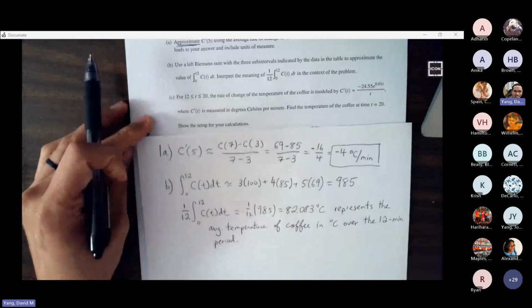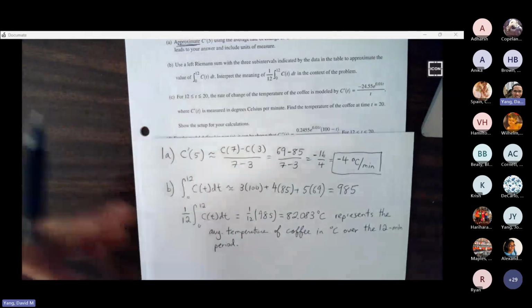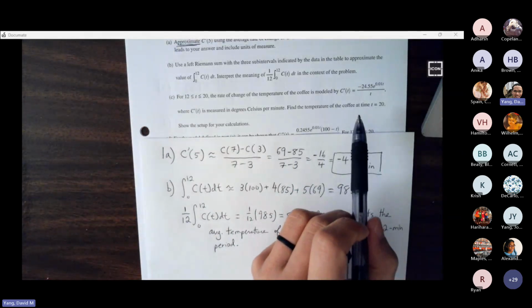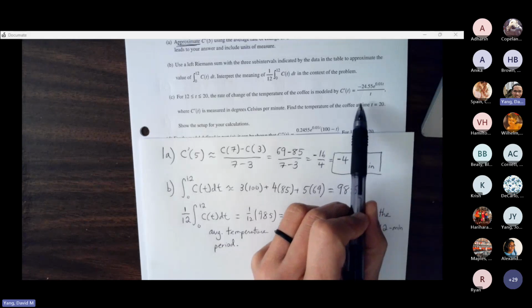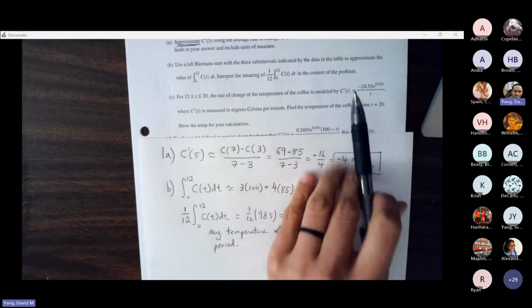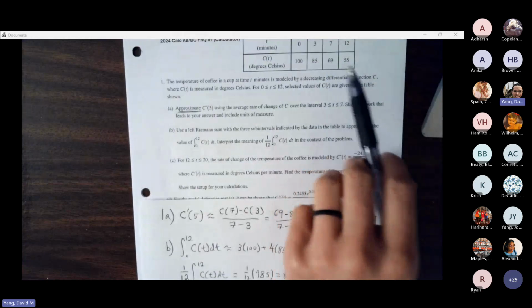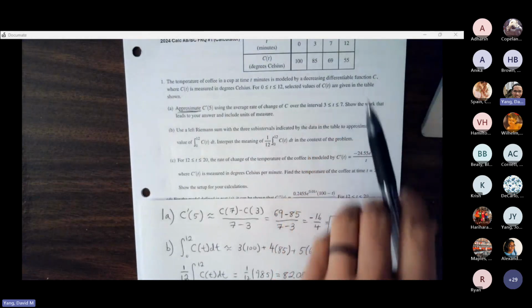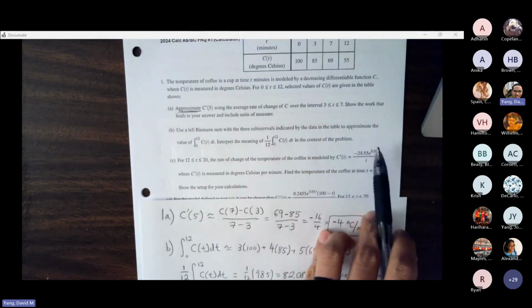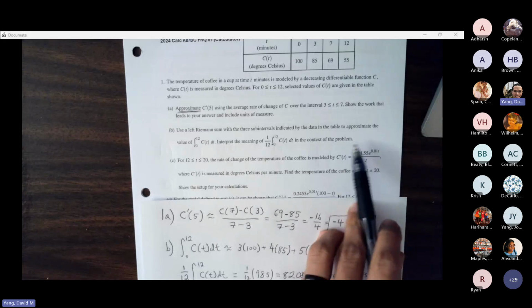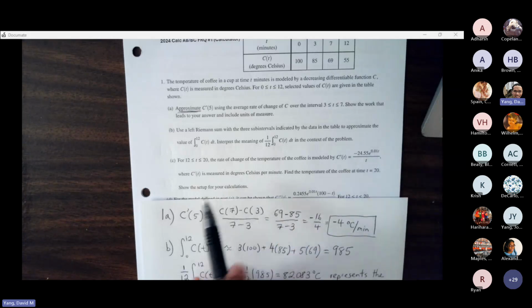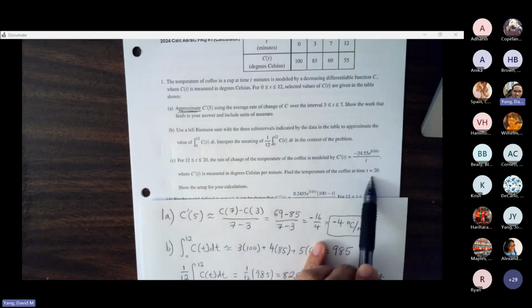So this is where we like to use the formula: final equals initial plus displacement. If we have an anchor point, which is something we can pull from our table, and we have a rate of change, from which we can find displacement, we can use those two combined to tell us our final value.